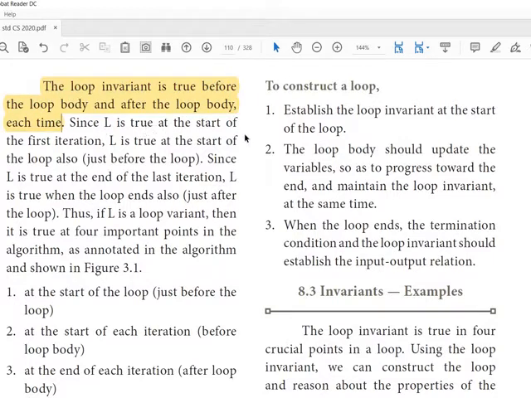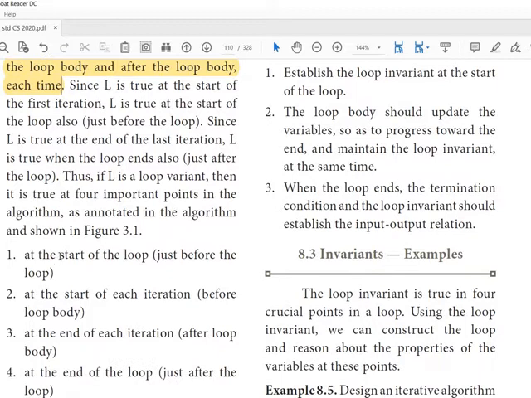Since L is true at the start of the first iteration, L is true at the start of the loop, just before the loop. Since L is true at the end of the last iteration, these are the properties that set a loop invariant. What are the four things? It should be true at the start of the loop, at the start of each iteration, at the end of each iteration, and at the end of the loop.